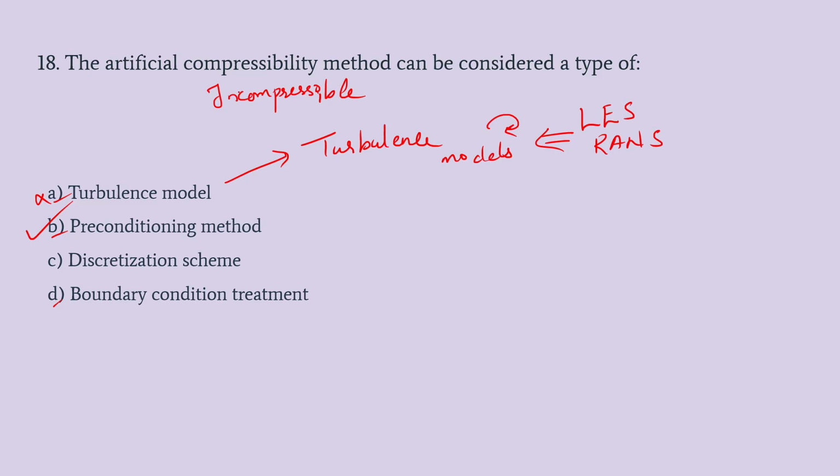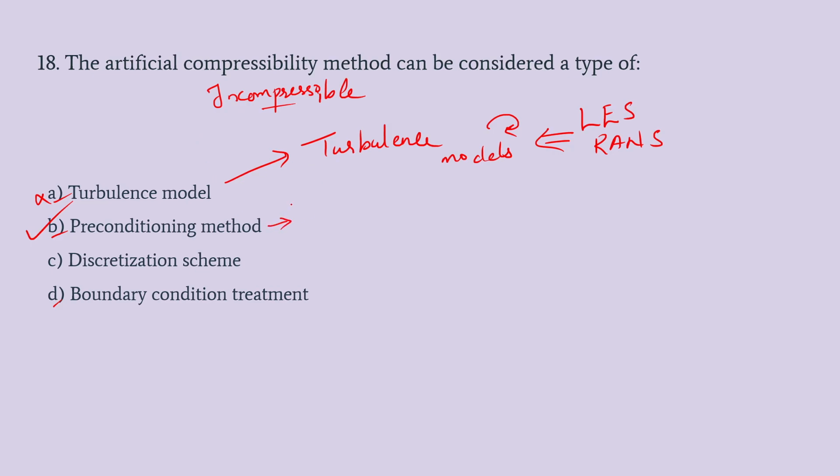It is for incompressible flows, not turbulent flows. Don't mix up the two. Turbulence and incompressibility are different things. It's mostly a method to solve incompressible flows using compressible flow solvers. So it's actually a preconditioning method.